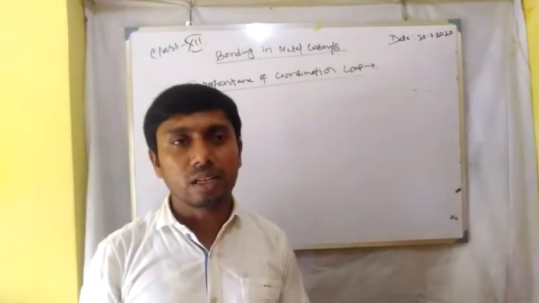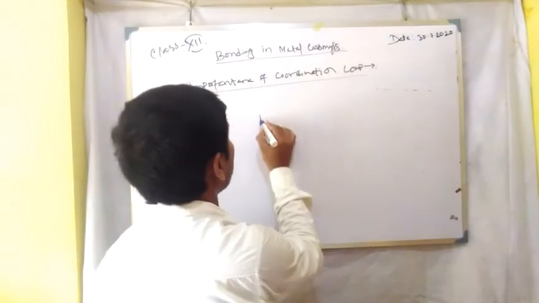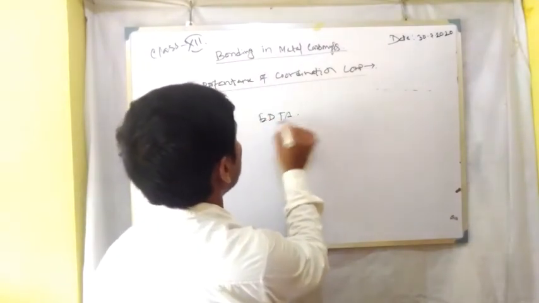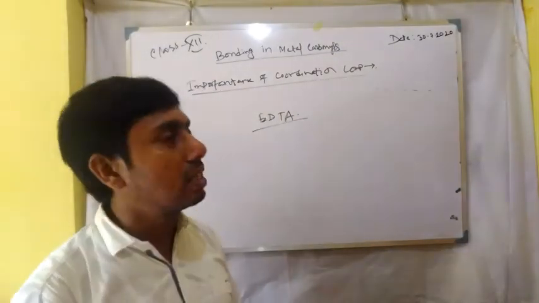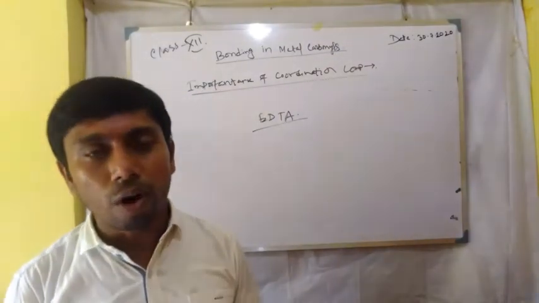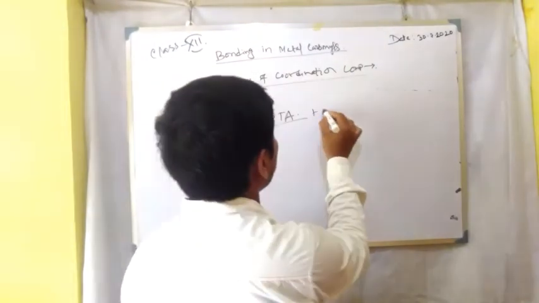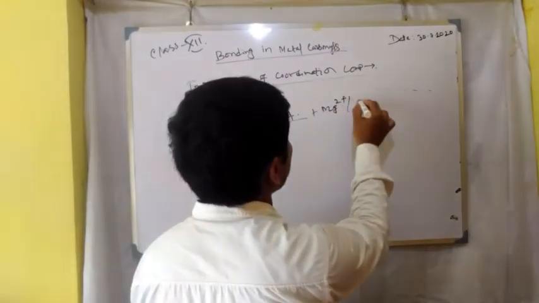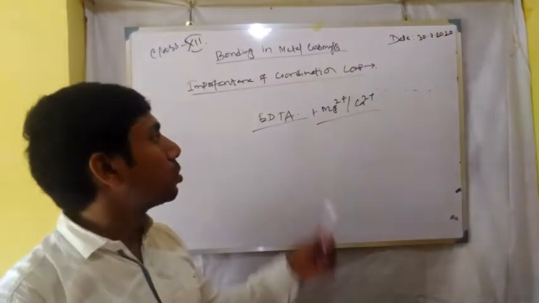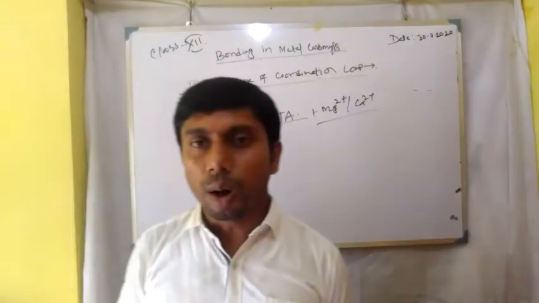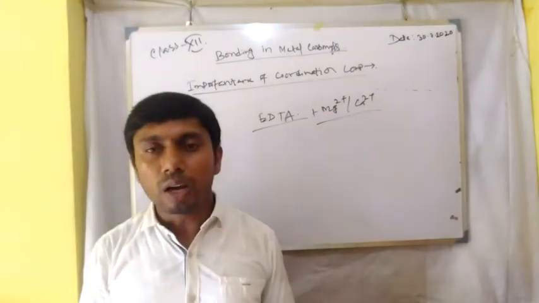complexometric titration, or EDTA titration, EDTA is used as a complexing agent, so a complex is formed which may combine with Mg2+ or Ca2+, which we use to titrate. Okay, so here EDTA is used as a complexing agent.